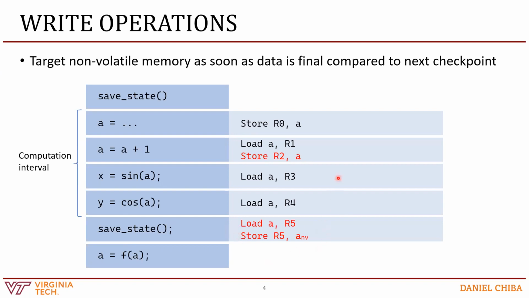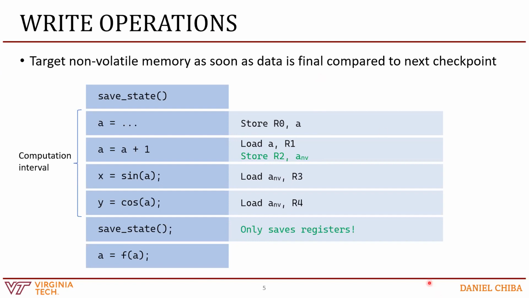And so the instructions in red are essentially redundant, right? You can actually skip one of these, right? And so what ALFRED will do is, once this data is final, because it knows that A is not written to again, it'll store A directly in non-volatile memory because its value is final.